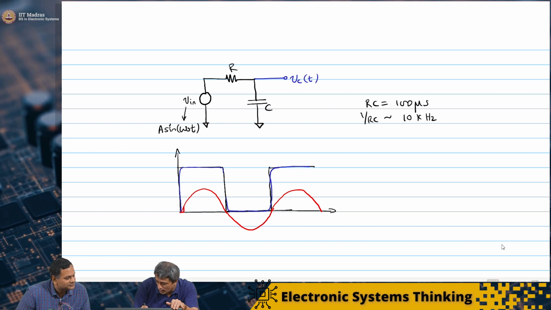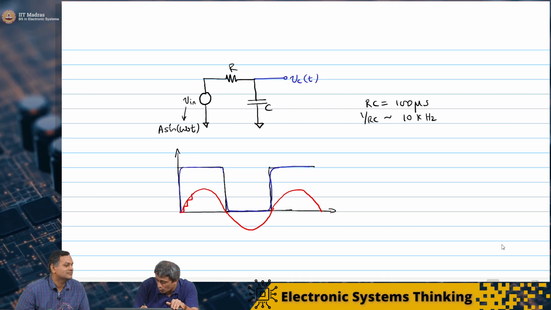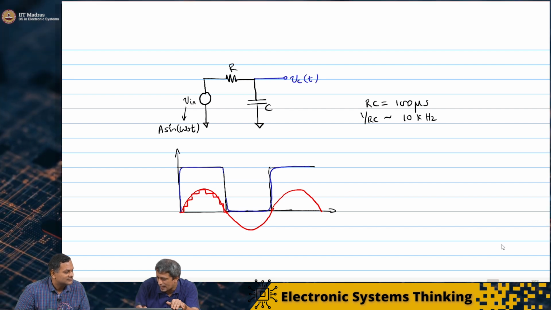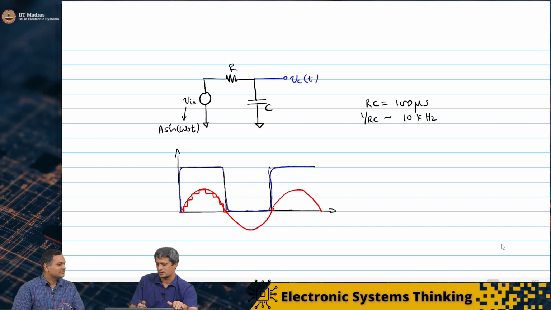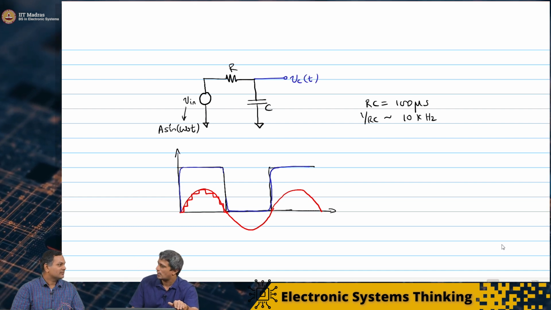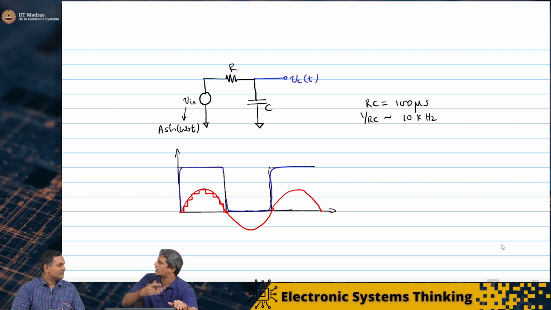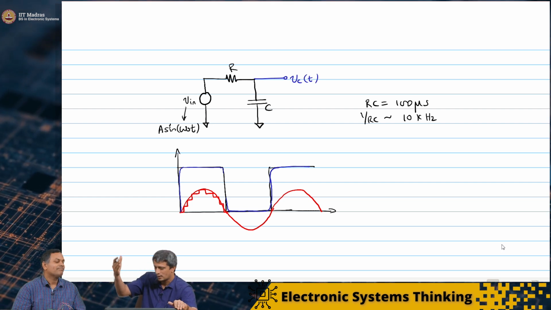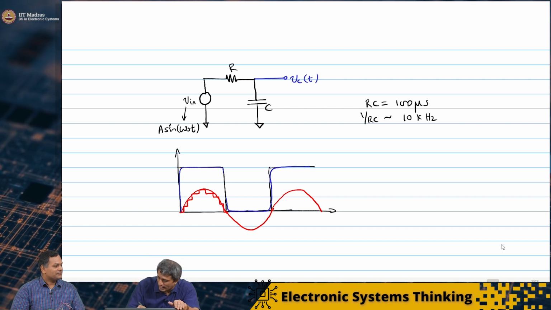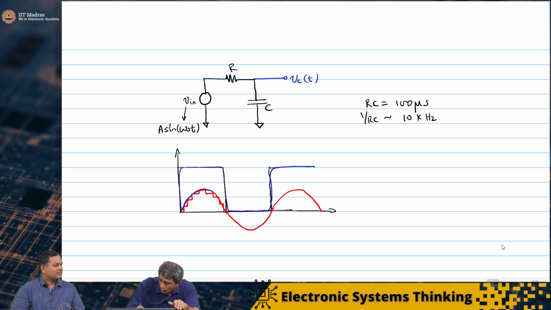The sinusoid can be viewed like this, as infinitesimal small steps, and each step is like our 100 hertz step that we gave last time. Therefore the capacitor has enough time to reach each step output, and as you said, the output should technically follow the input fairly closely.